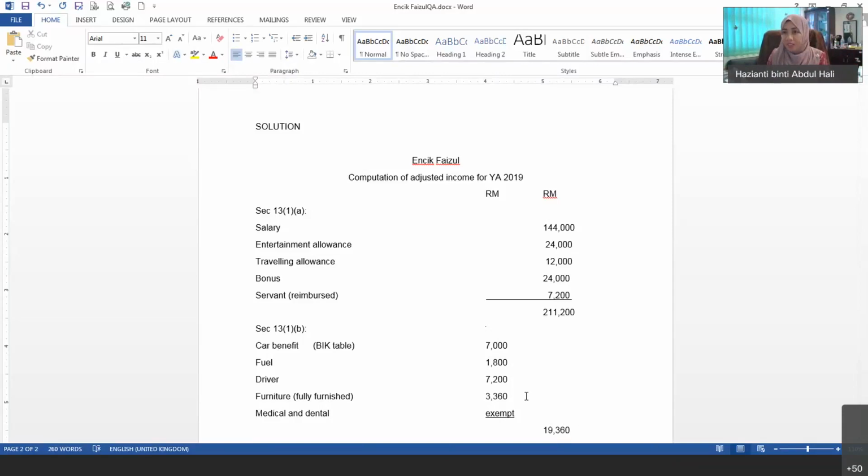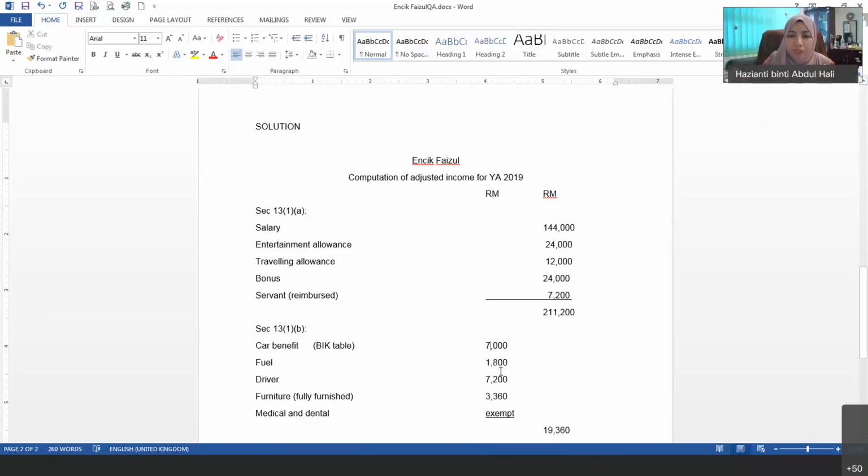So it looks easy, right? As long as you know where to get the information. All right, so, yeah. For the car benefit, kalau kereta tu dah up to 5 years, we just bahagi 2 je lah. Yes. But the fuel amount would be the same.